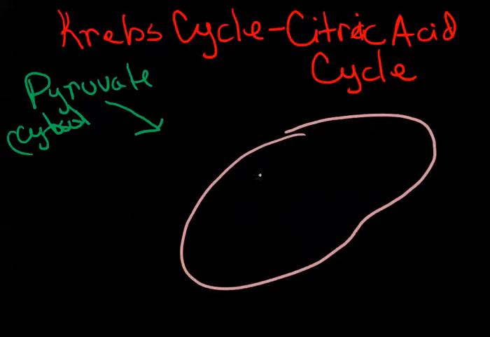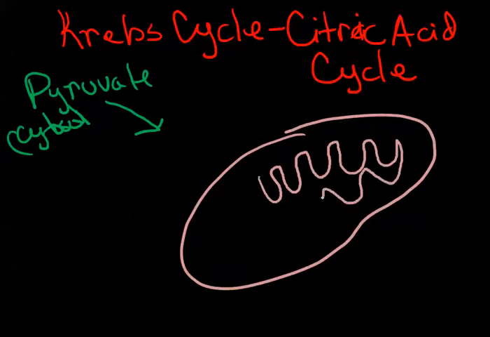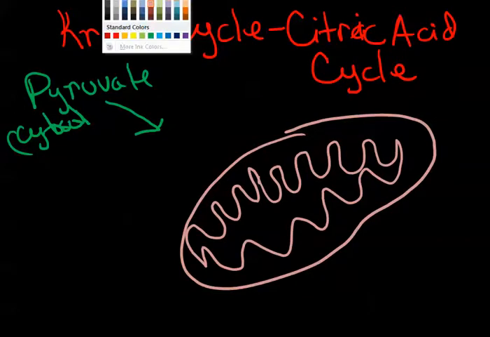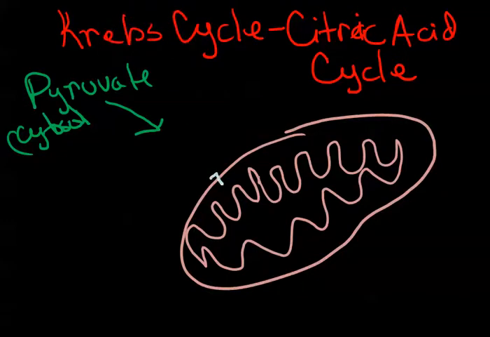And remember, we have the cristae side, double membrane. And in order for the pyruvate to get inside here, there is a transport protein.